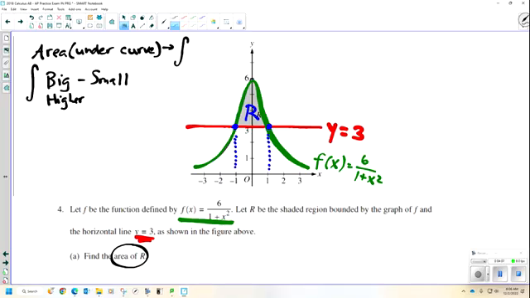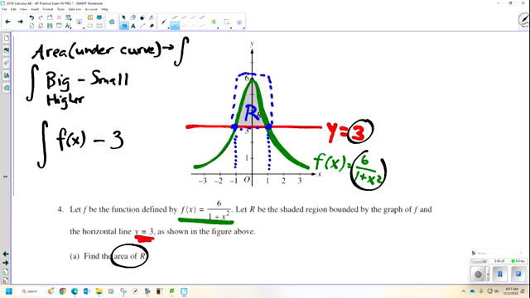If I just concentrate on this area right here, obviously the taller is the green, my f of x. So when I integrate, I'm going to integrate f of x minus 3. Remember, my smaller function is just y equals 3. This is my bigger function. This is the smaller function. All right, so it's f of x minus 3. Don't forget your dummy variable dx.